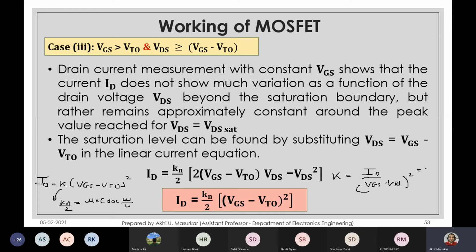So this is generally in milliamperes, and this is voltage square. So the unit of K is milliamperes per volt square, or many times even microamperes per volt square. So that is how we get the equation of current, that is ID.